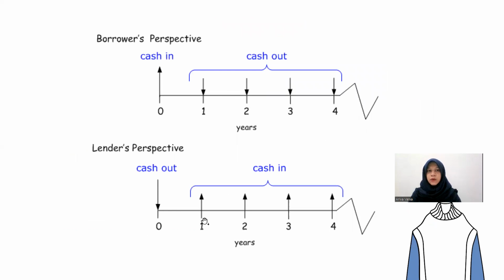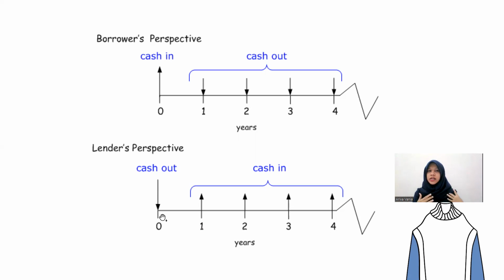Next, we have the perspective of the cash flow diagram, that is, the borrower's perspective or the lender's perspective. In the borrower's perspective, for example, in period 0, we have borrowed some money from others, so we have a cash in. We get the money from others. But in the lender's perspective, they have a cash out.